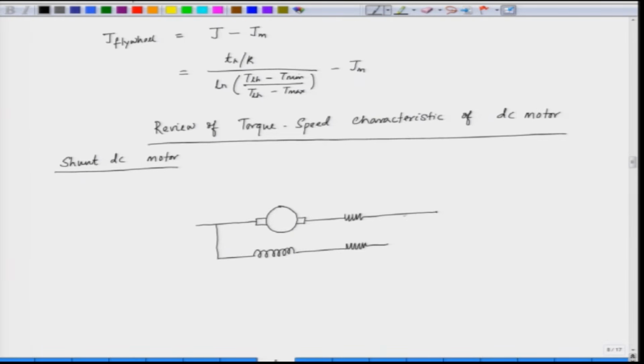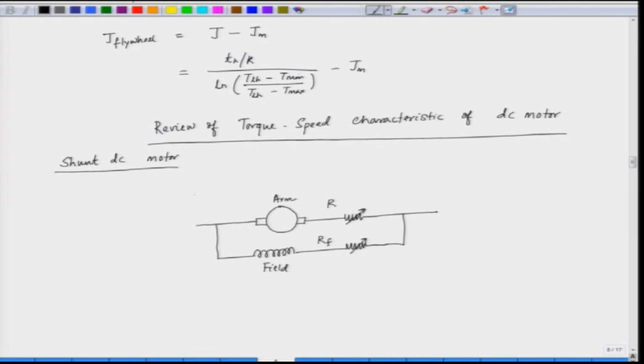We have the field resistance. So, this is the armature and we have the field in this case, and the armature resistance and the field resistance. The resistance of the armature is R and the resistance of the field circuit is RF.